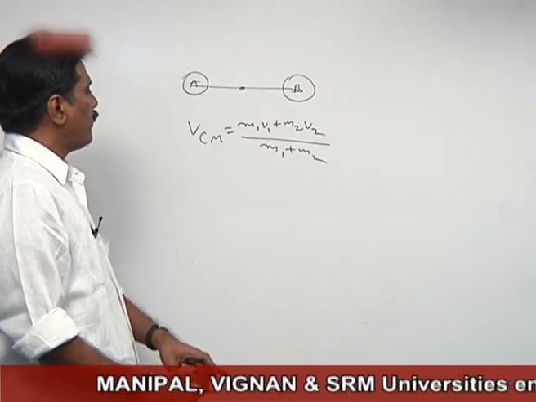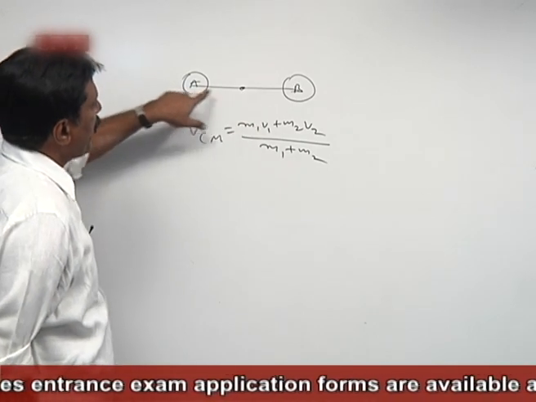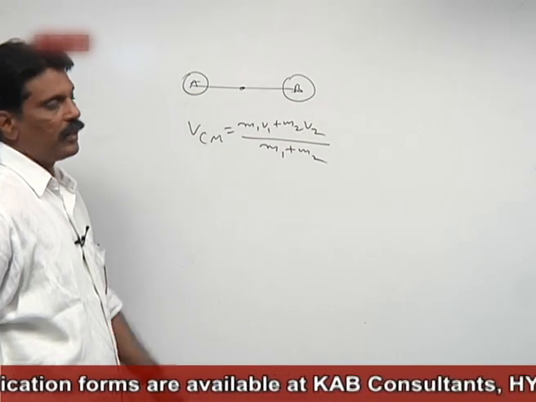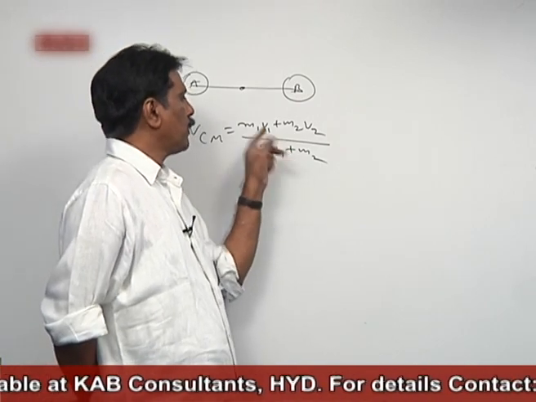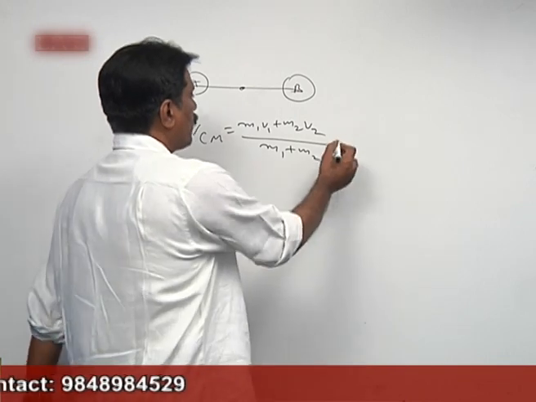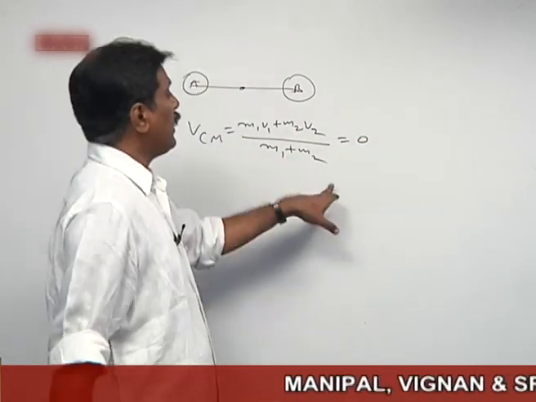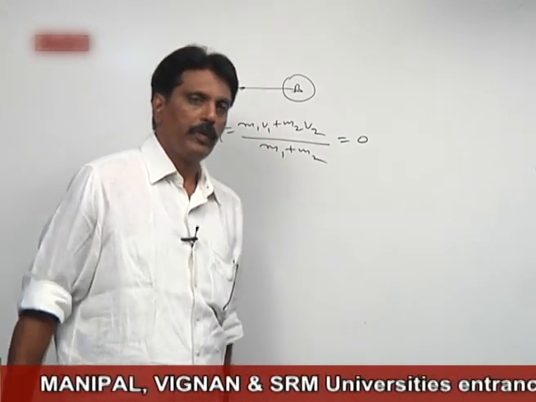We know the formula for velocity of center of mass equal to this, and we are given that A and B are initially at rest. Initially at rest means v1 is 0, v2 is 0. Therefore, the velocity of center of mass is 0. So, initially the center of mass is not moving.